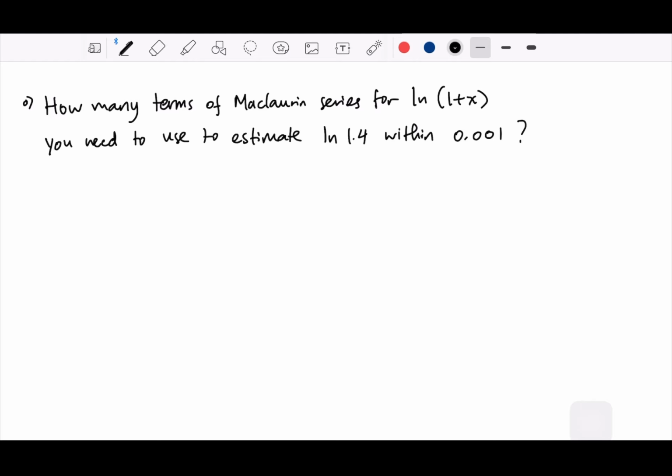And then there are at least two ways for our calculus part. First, using Taylor's inequality, remember that we have to state the M. Or second, we are using the alternating series estimation if it is an alternating series. And I think if it's an alternating series, it's much easier using the alternating series estimation.